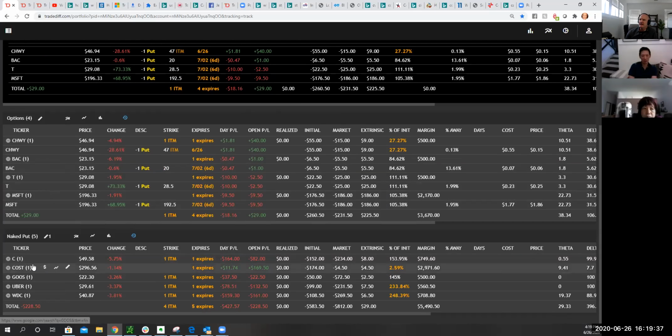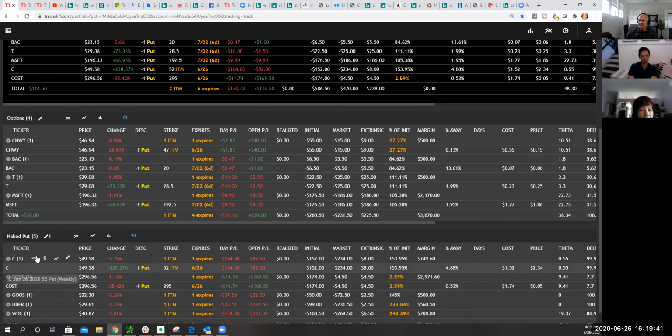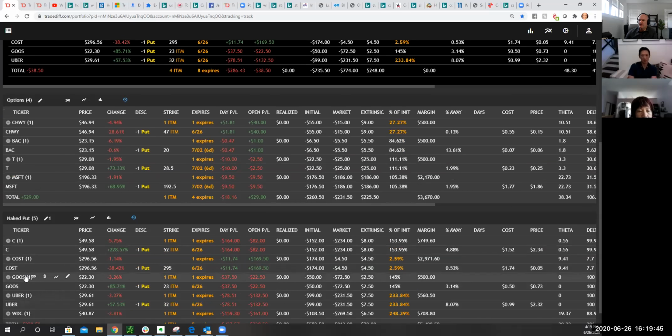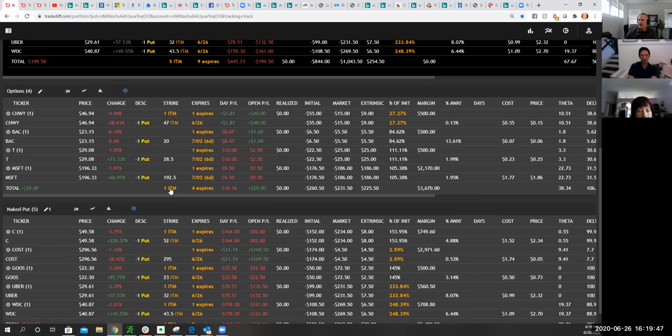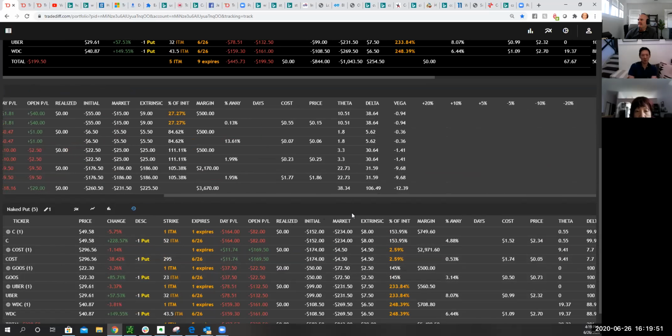So when he's saying expand it, you can just click on this little plus and it shows you exactly what's inside there. So if you go back to the percent away column, Alice. Yeah, so you can quickly see that the Chewy is 0.13%. So it's very close to the strike, right?